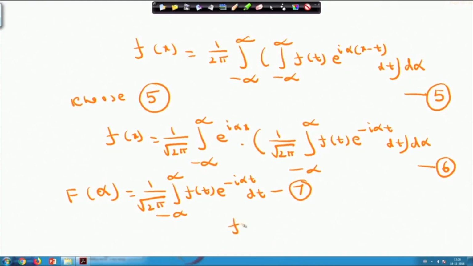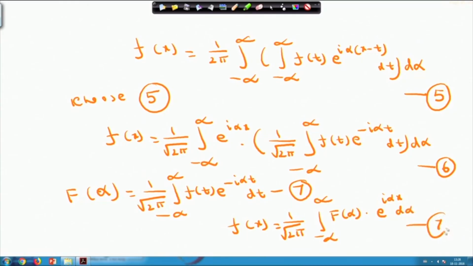Then I can write my f(x) as 1 by root over twice pi, minus infinity to infinity F(alpha) e^(iαx) dα.